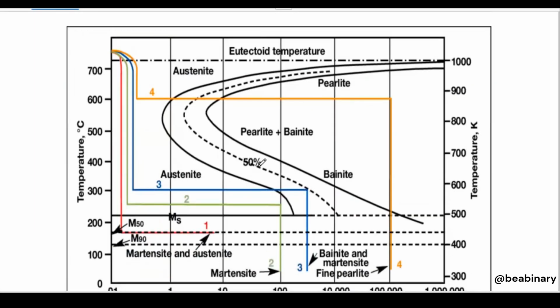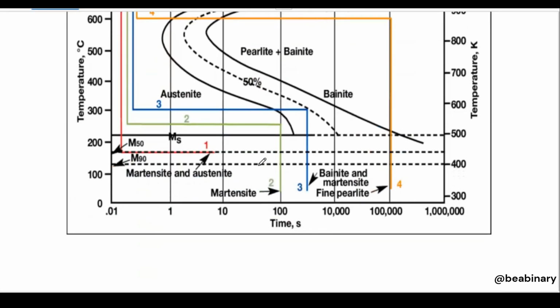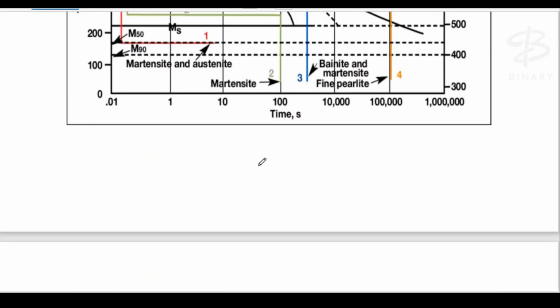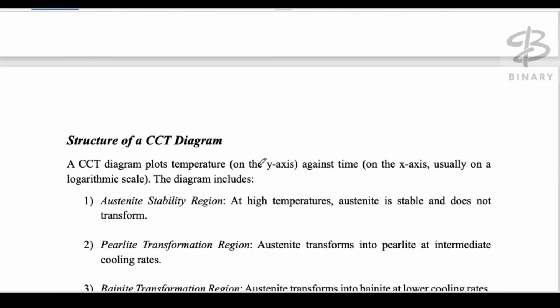Okay, these are the diagrams. Here you can see it is similar to the previous one, but this one is continuous. It is for quenching and for air cooling, or you can say normalizing. But in the previous one we had furnace cooling, or you can say annealing.